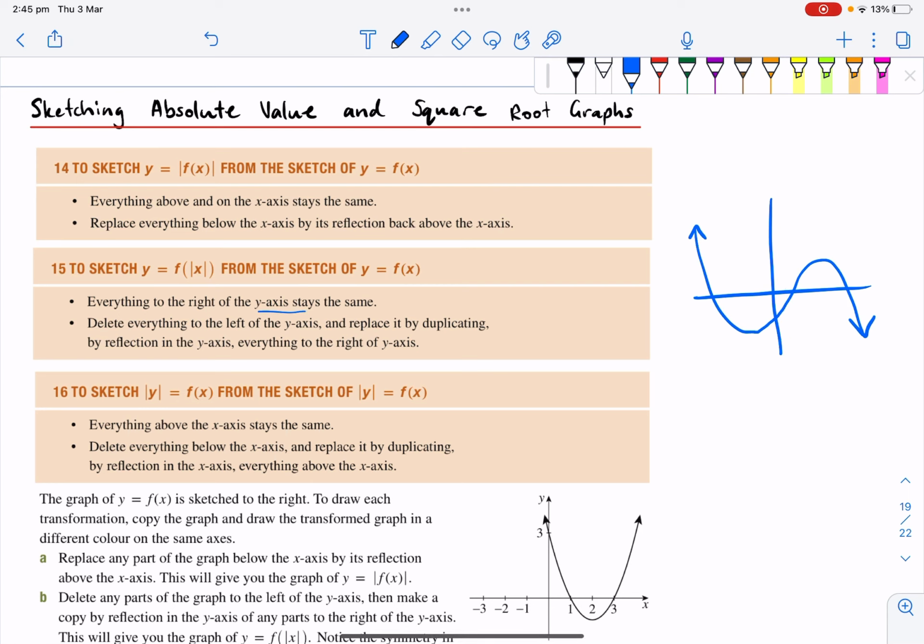But everything to the left of the y-axis is removed, deleted and replaced by duplicating what's happening on the right side. This side is good, but everything on this side is gone and replaced by the reflection of what's going on this side. That ends up being your graph.